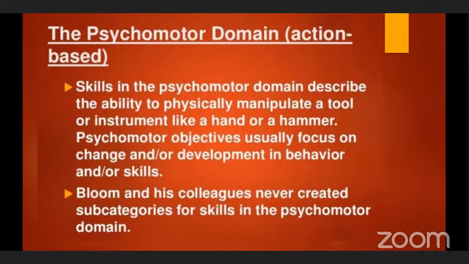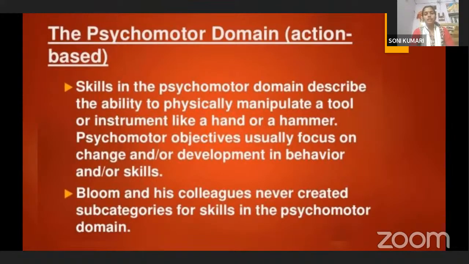Now the third domain is called the psychomotor domain, which is the action-based domain. Skills in the psychomotor domain describe the ability to physically manipulate a tool or instrument like a hand or hammer.